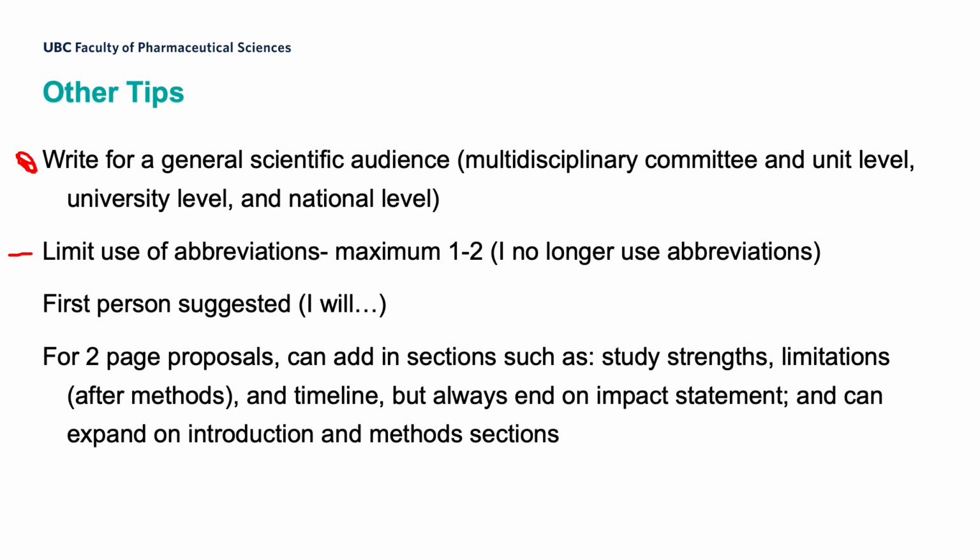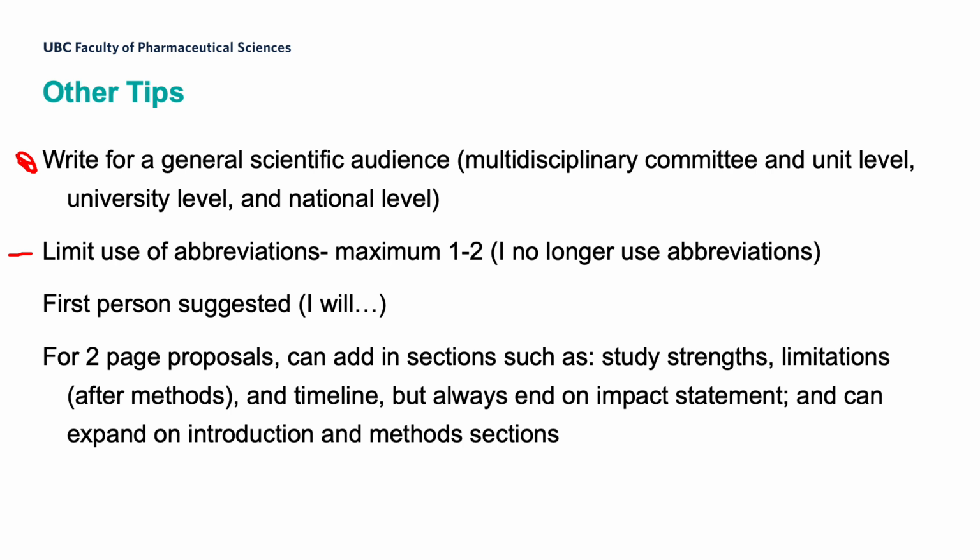The second is to limit the use of abbreviations. This is of course up to you to use your judgment on, but in my writing, I have basically done away with abbreviations completely in grant applications, in publications, in scholarship applications.